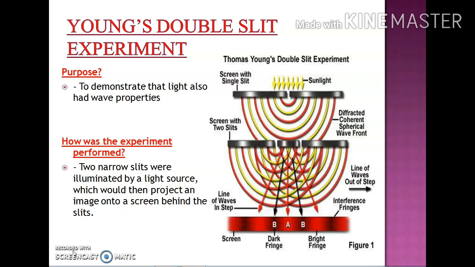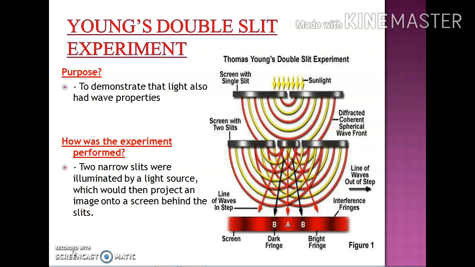At the points where the crest of one wave falls over the trough of the other wave, the resultant amplitude will be minimum and light intensity will also be minimum, and in this case we will get destructive interference and we will obtain the dark fringes on the screen.